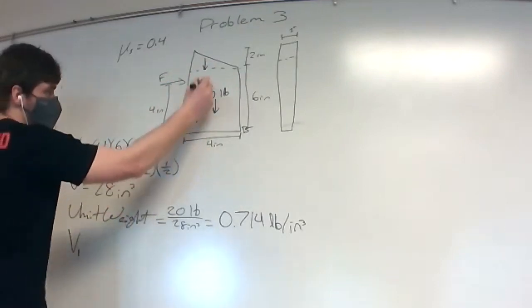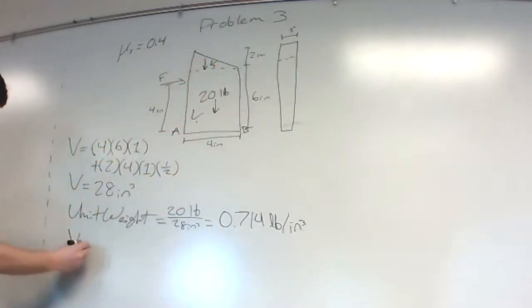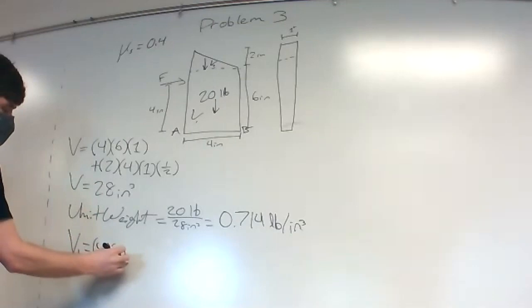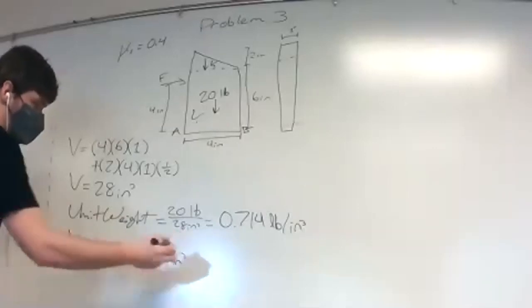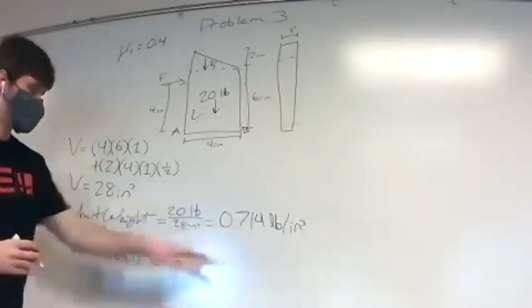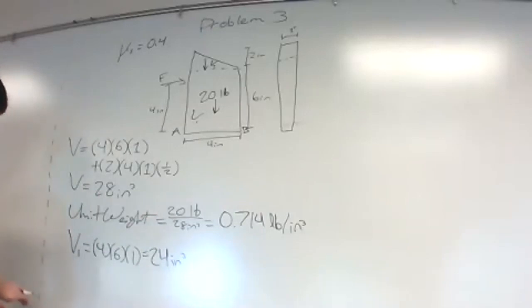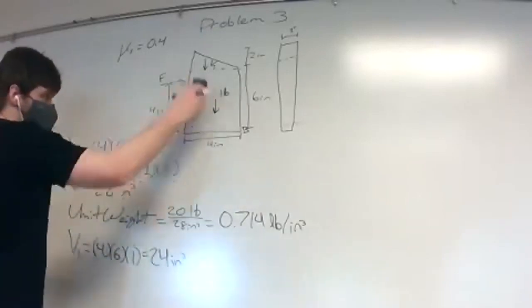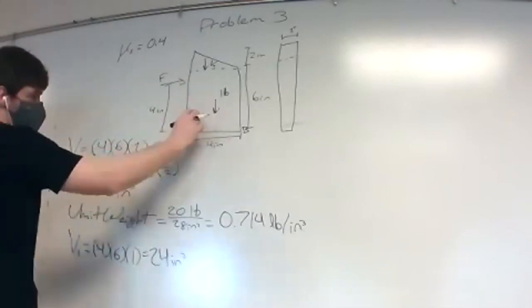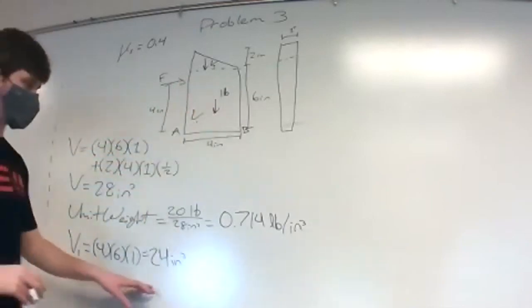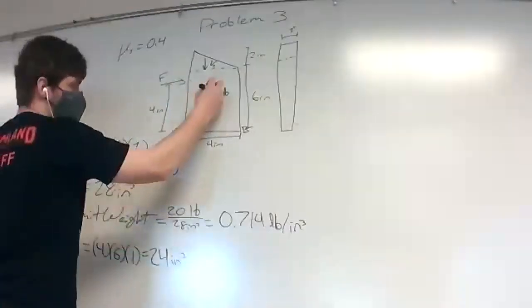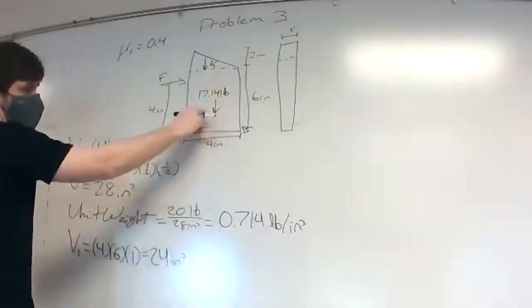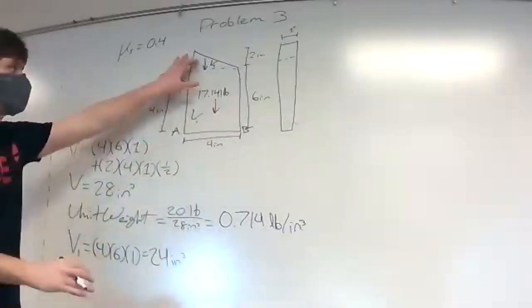So I'll say that V1 is 4 times 6 times 1, which is 24 cubic inches. So our unit weight times this volume is going to give us the actual pound value for the rectangular section. So 24 times 0.714 is going to come out to be 17.14 pounds. And that's here in the center for the rectangular shape.